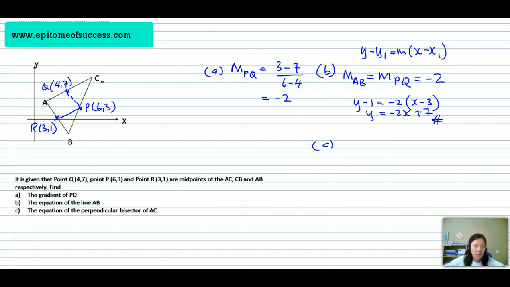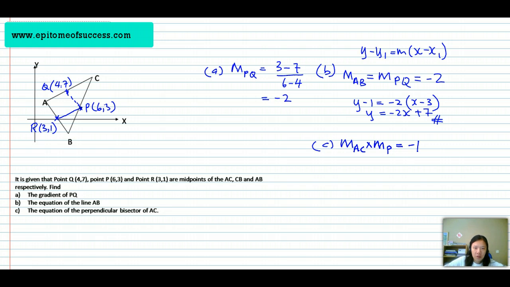So what you have to do is to find the gradient of the perpendicular line of AC by using the perpendicular formula. So M of AC times M of the perpendicular line should equal -1. So what is M of AC here? M of AC is equal to M of RP.